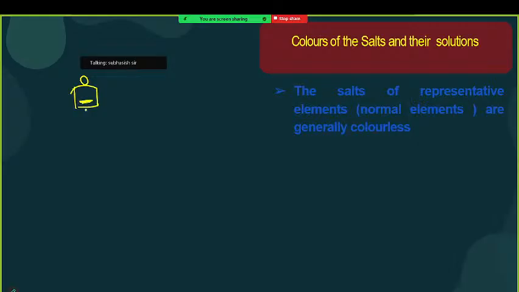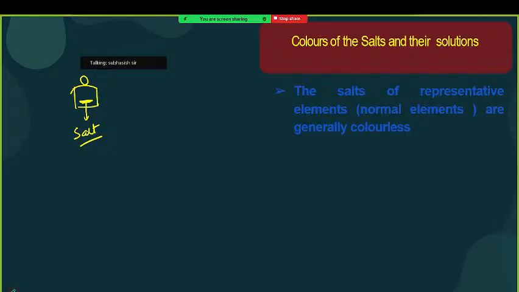This sample tube contains some salt. You have no idea about this salt. The teacher or sir does not give you any indication about it. You have to determine what this particular salt is.